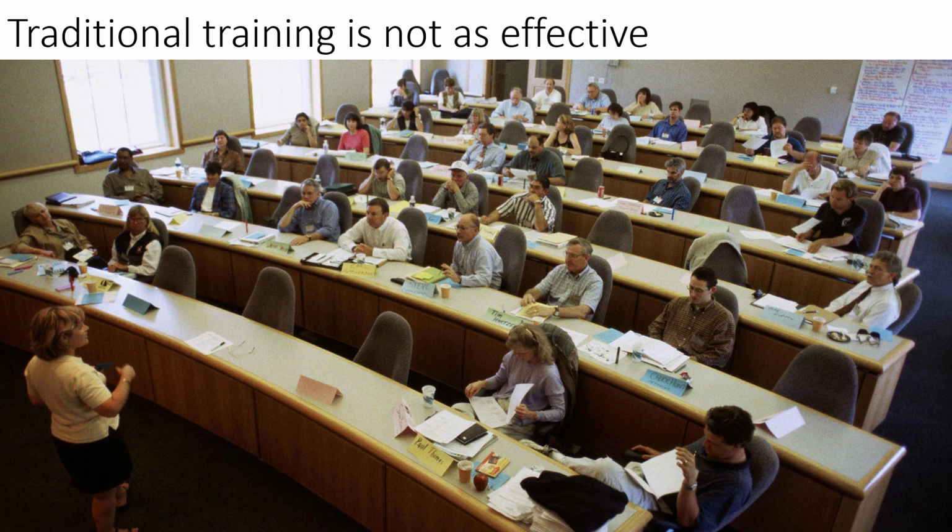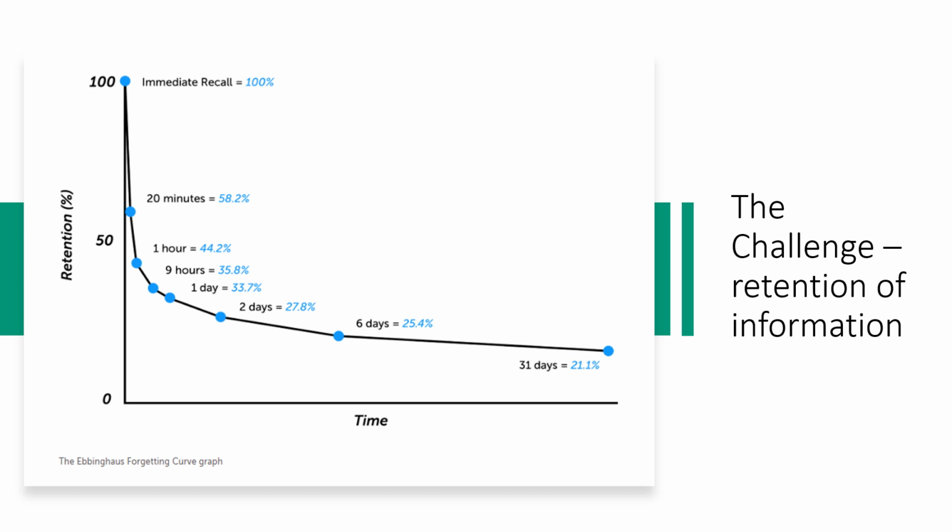The traditional classroom type learning that we are all accustomed with is not as effective anymore. The main challenge is the retention of information. This is, for example, the Ebbinghaus forgetting curve. It's a very true representation of how humans retain information, right?